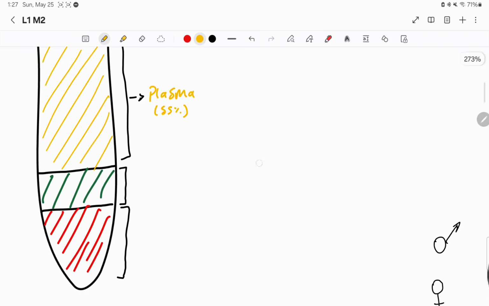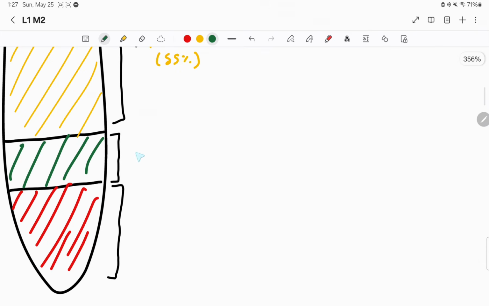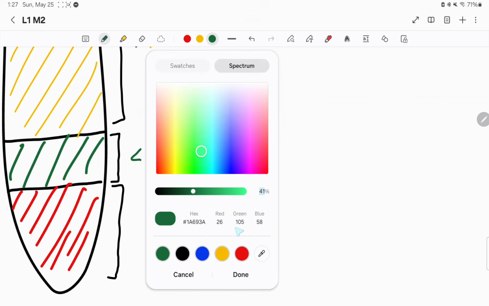It's just plasma. The other part is this green layer, and this is less than 1% of your total blood. And this is called the buffy coat. And your buffy coat, we'll talk about it, contains your white blood cells and those platelets that we talked about that can form those clots.